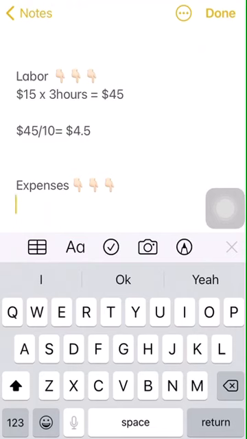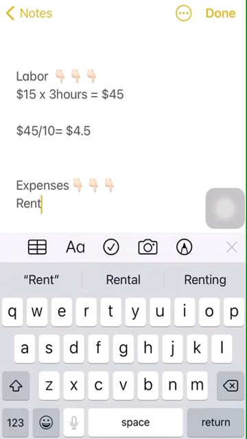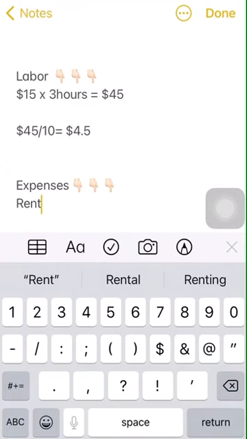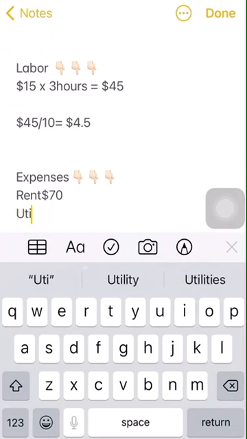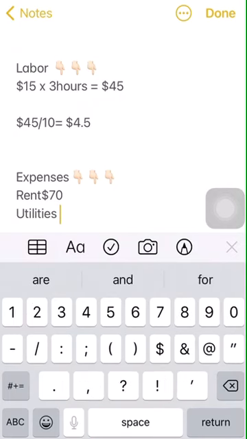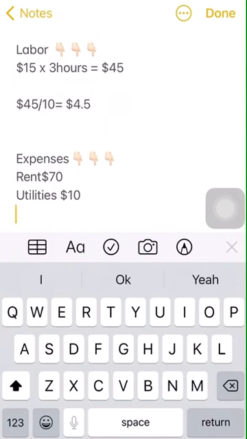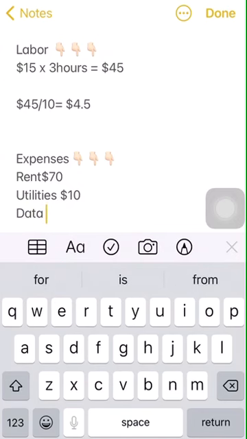All right, so rent. Rent, say $70. Utilities, let's just say maybe $10. Then internet fees, data, let's just say that will be $15.